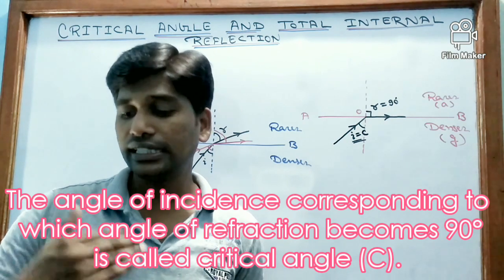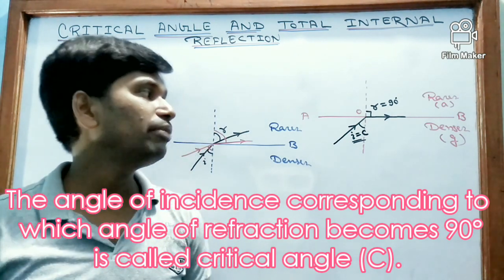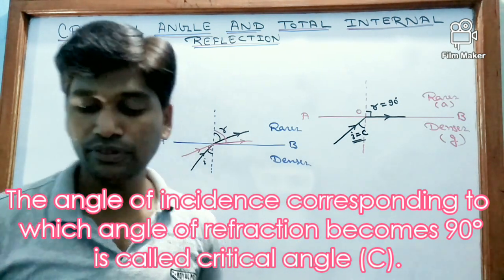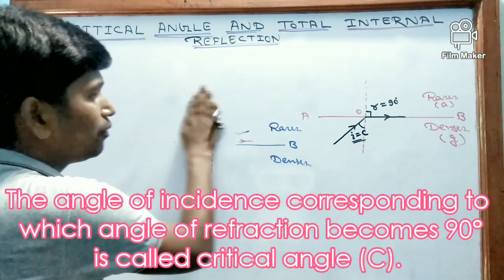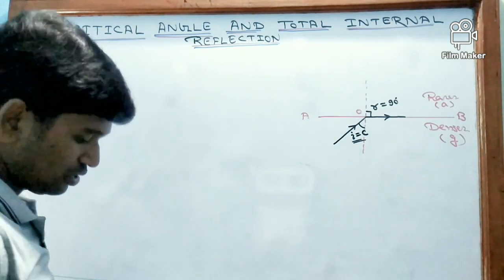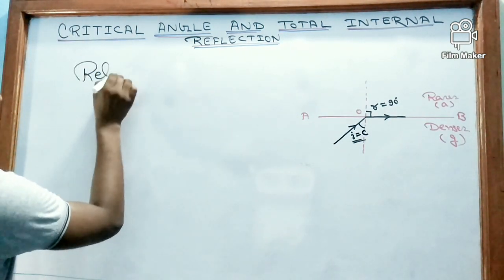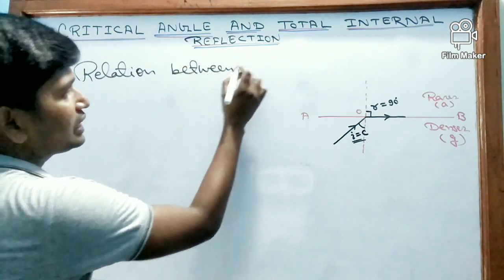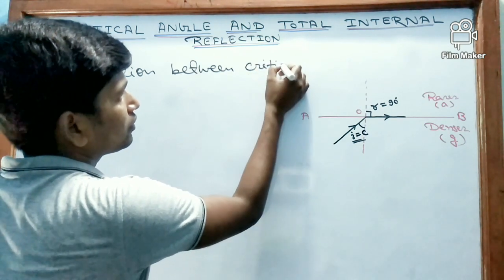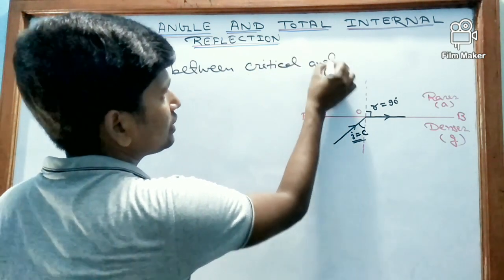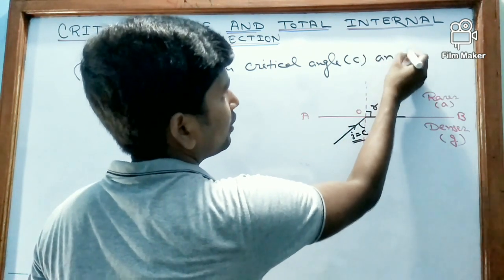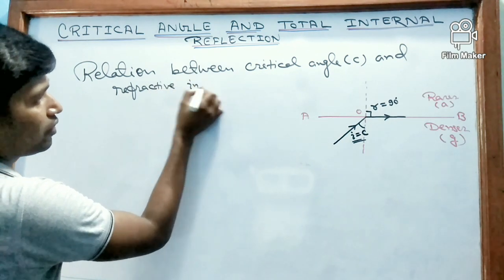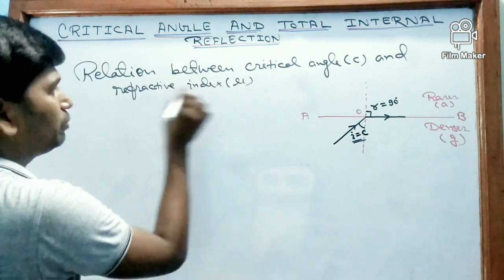Now let us derive a relationship between critical angle and the refractive index of the medium. So let us see the relation. We will write the relationship between critical angle C and refractive index mu of the medium.